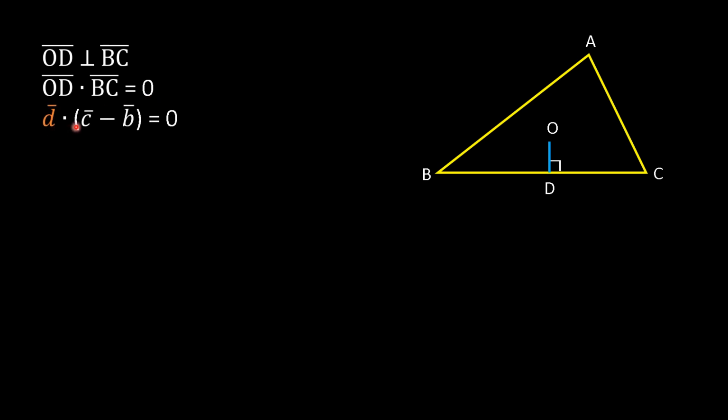In triangle ABC, we have OD bar perpendicular BC bar. Therefore, OD bar dot BC bar will be 0. Now OD bar is D bar and BC bar is C bar minus B bar. But D bar is (B bar plus C bar) by 2.